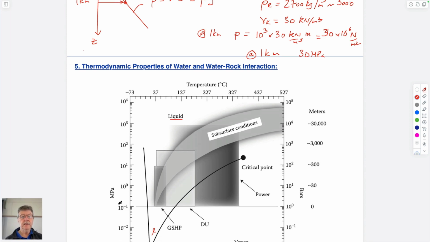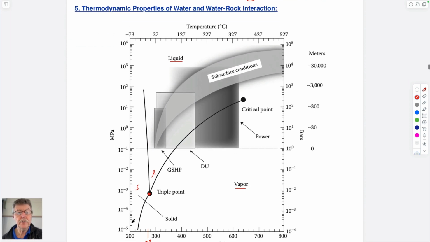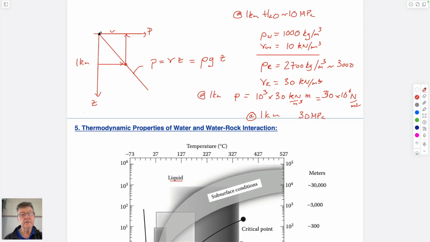So if we have, on this graph here, if we look at how the pressures vary with depth, so 1 would be for water, 1 would be rock, this would be 1 over unit weight, one over unit weight of water.